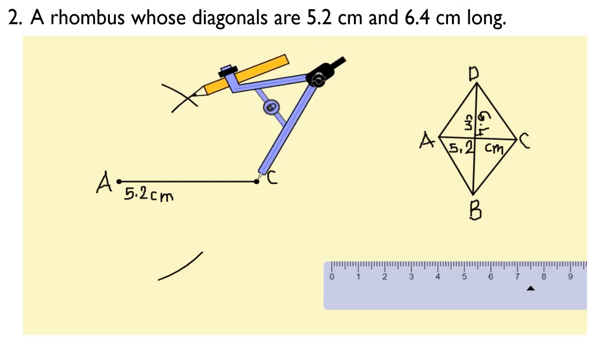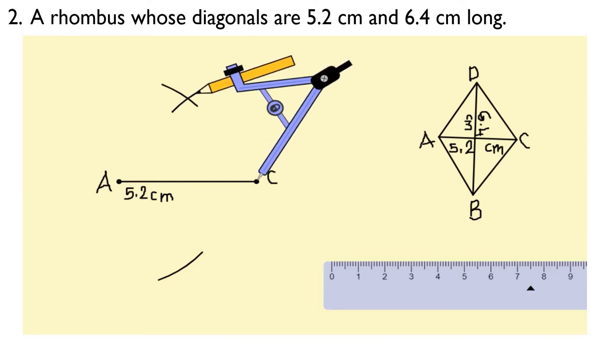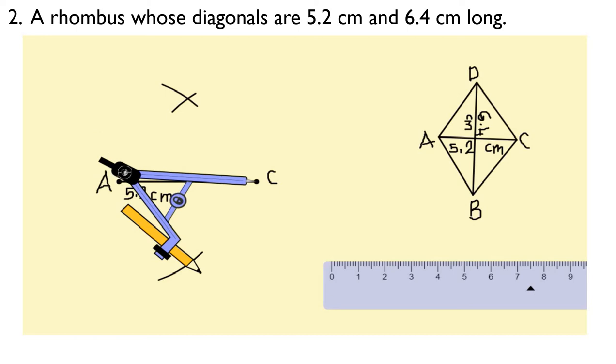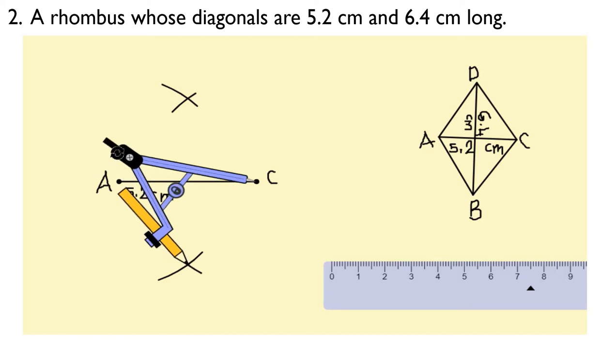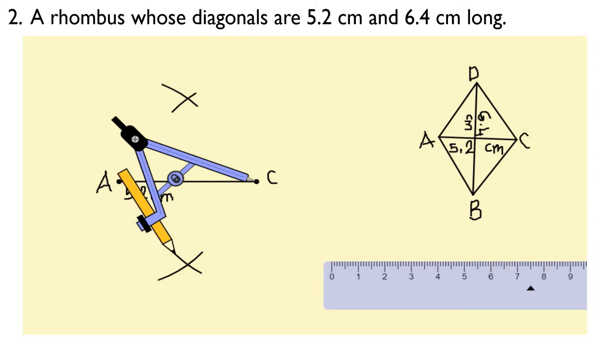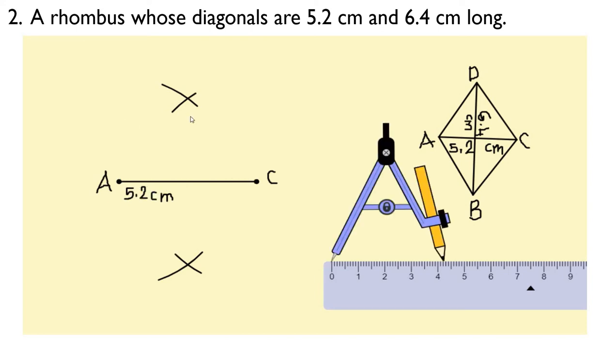Similarly, the second time we select C as center, that is the other vertex, and similarly draw one arc up and one arc below the given line segment AC, which intersects the previous two arcs. Now both the arcs which have intersected each other, this is nothing but a perpendicular bisector. So we join both the intersection points and give it a name.